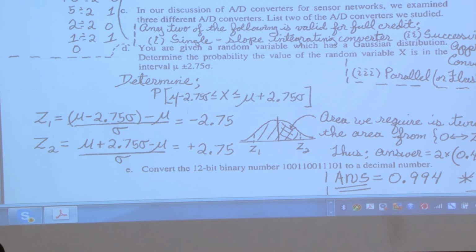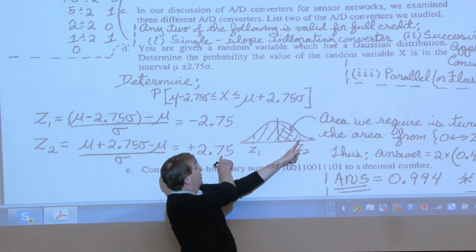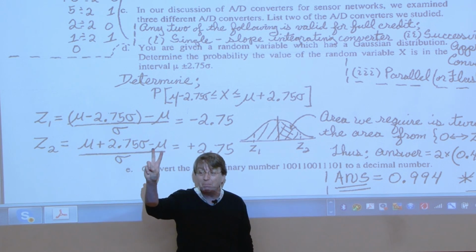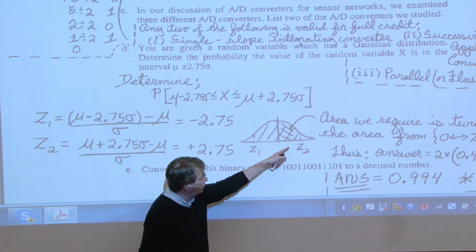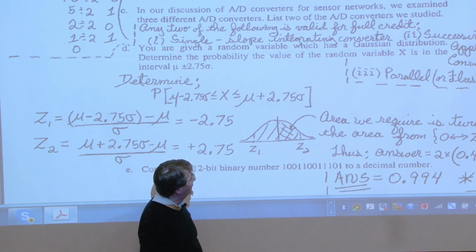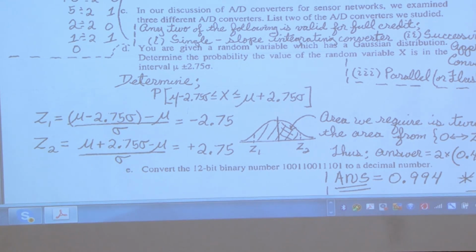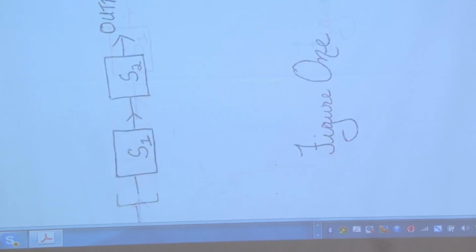So what I do is I figure out the area from 0 to plus 2.75. And what do I do? Multiply it by 2. So I say, okay, great. Let's go to the z-table to make sure we can do this.